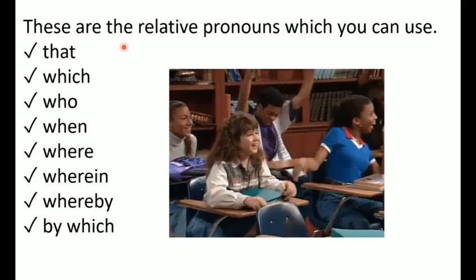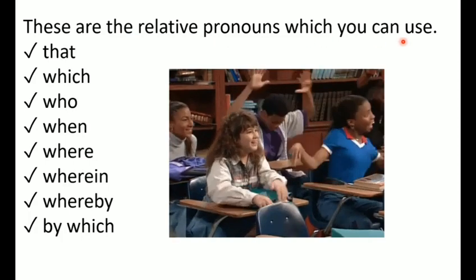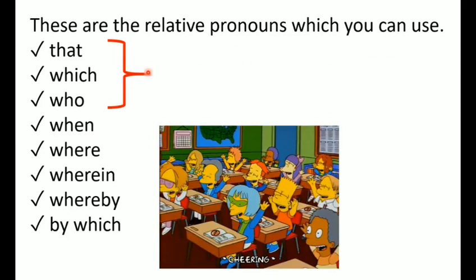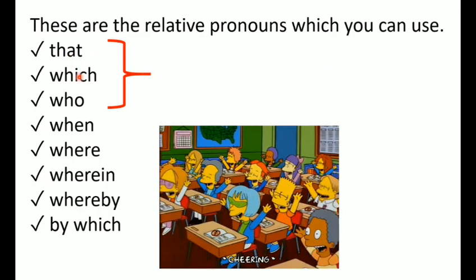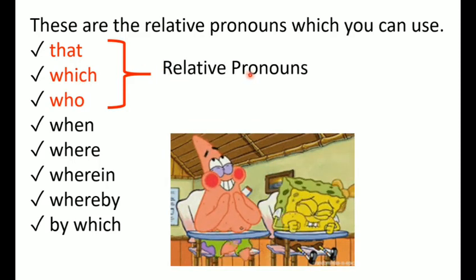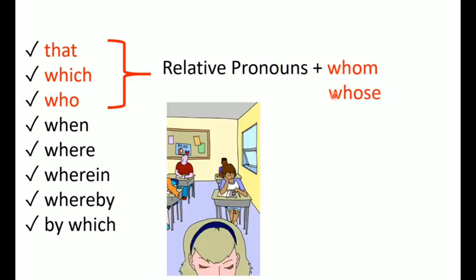Now, in your module, nakalagay dito, these are the relative pronouns which you can use. Now, I'd like to make a clarification here. Itong tatlo lamang dito, that, which, and who, ito lang dito ang relative pronouns. Itong iba ay hindi ito relative pronouns. At maliban dito sa tatlo, there are additional words that can be considered also as relative pronouns like whom and whose.